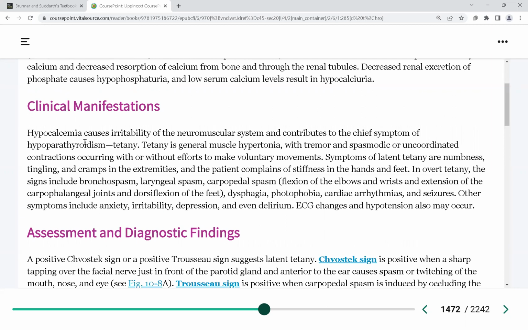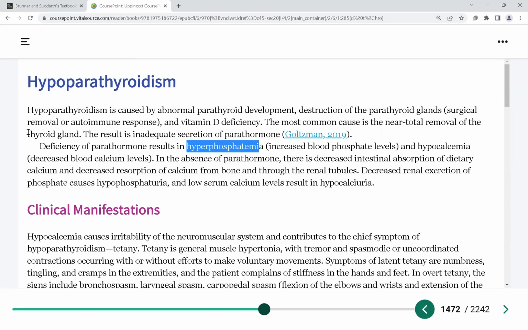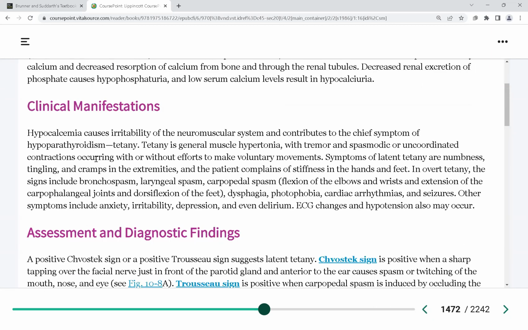Manifestations, what are these manifestations of? Hypocalcemia. Okay. So if hyperparathyroidism is causing hypercalcemia, this one will be causing what? Hypocalcemia. So severe hypocalcemia is called tetany. Remember these manifestations?